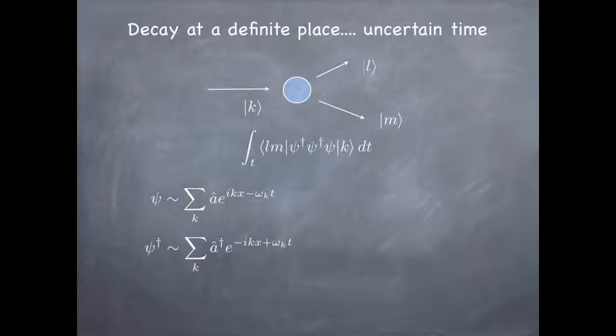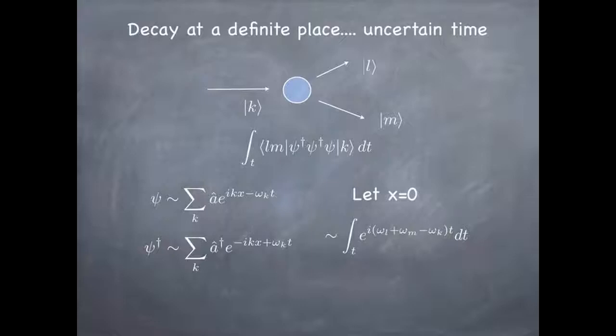And if I let x equals 0 and I go to do that calculation, my x is at a definite place, but I'm going to have to integrate over all possible times when this interaction could occur. And notice that the kx's are all going to go to 0 in that integral, but the omegas are still going to be there, even if I put in x equals 0.